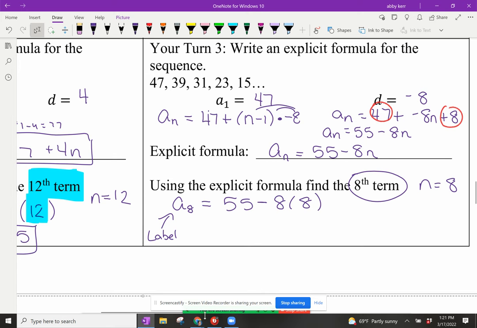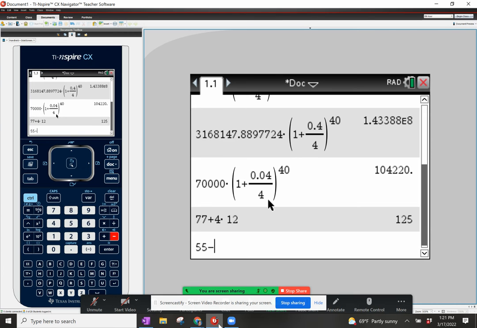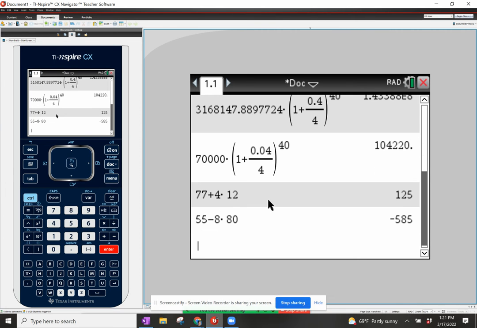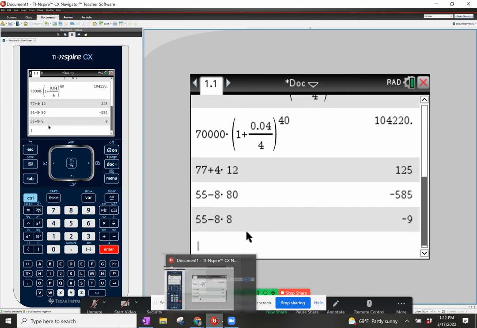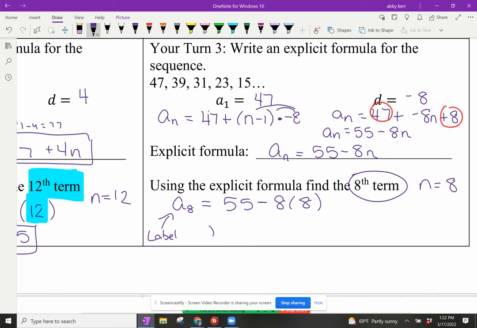So we're going to throw that into the calculator. 55 minus 8 parentheses 8. So that should be negative 9. So that means our 8th term will be negative 9.